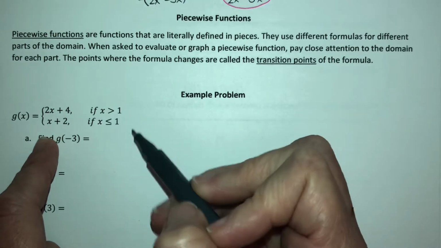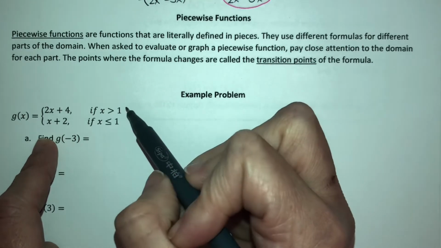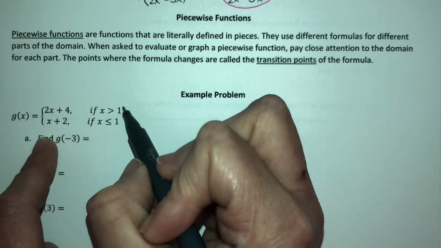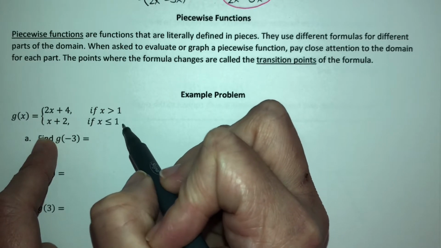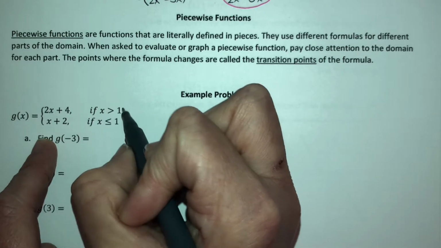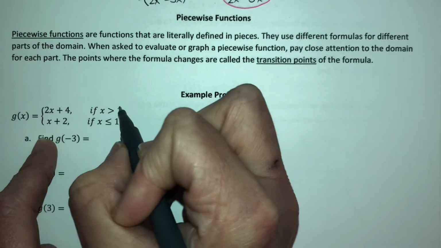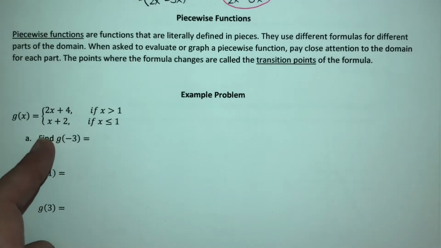Now, when you come to a piecewise function, the point where we choose to go from one formula to another, the point where it changes, these are called transition points. So right here, 1 is the point where it goes from one line to the other. So x equal to 1 would be a transition point.